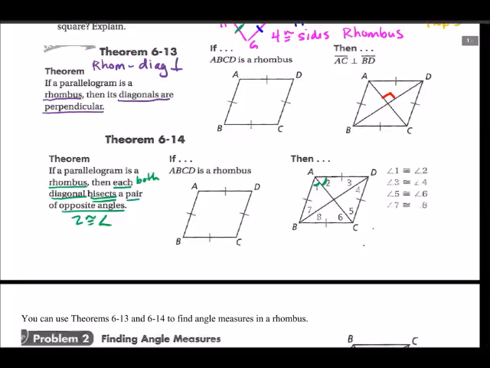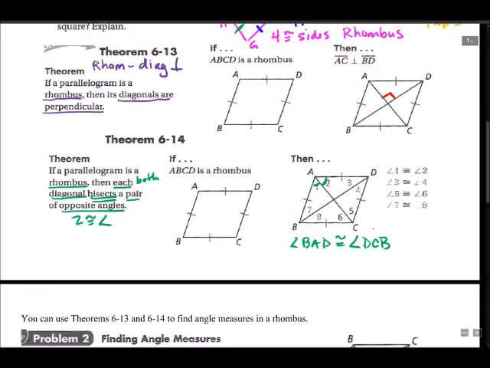Now think about this. What do we know about the opposite angles of a parallelogram? We know that, I don't want to call it angle A, we'll call it angle BAD, right? Angle A up here is congruent to angle DCB. And so if our whole angles are congruent, right?